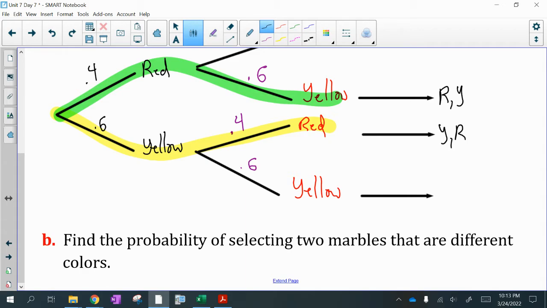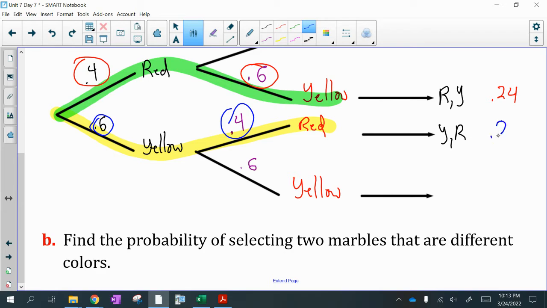And in order for me to do that, I am going to multiply together 0.4 and 0.6, which is going to get me 0.24 of getting red then yellow. And I'm now going to do the same thing down here, and I'm going to say 0.6, a chance of getting yellow, and 0.4, a chance to get red.